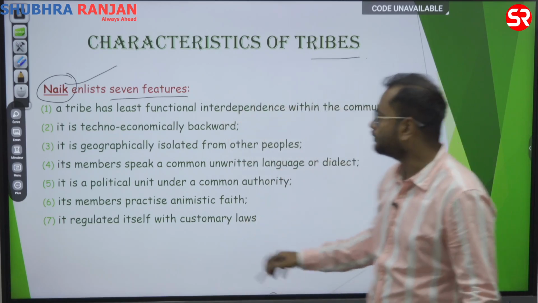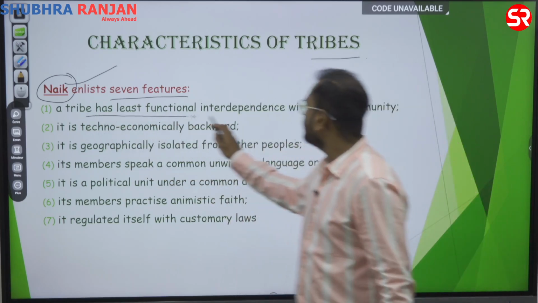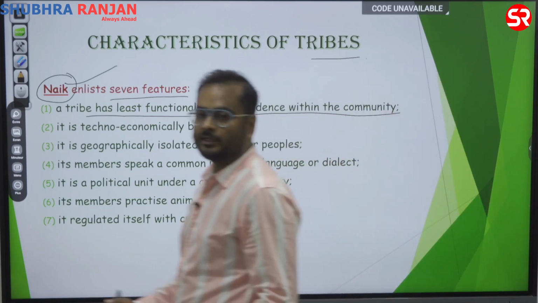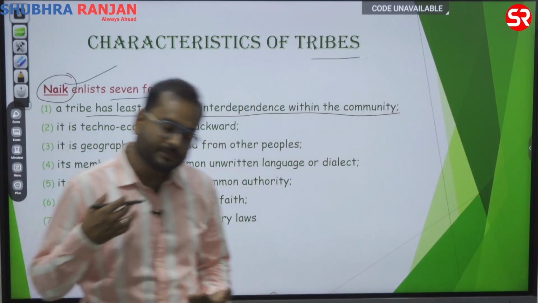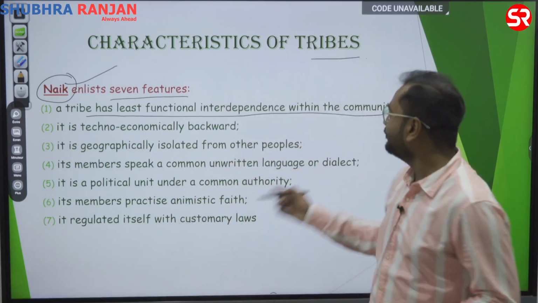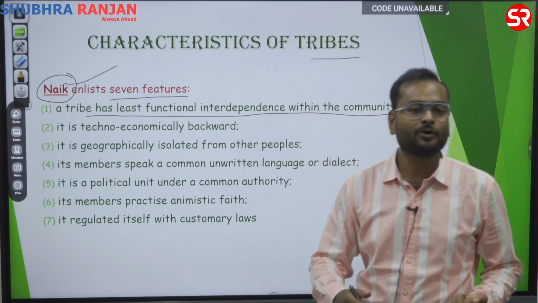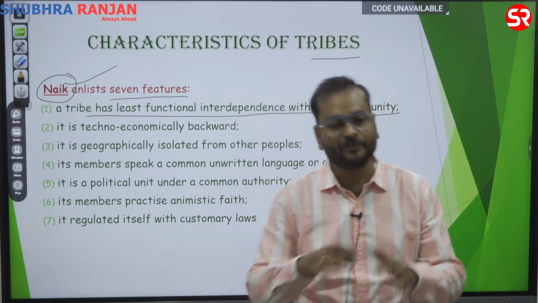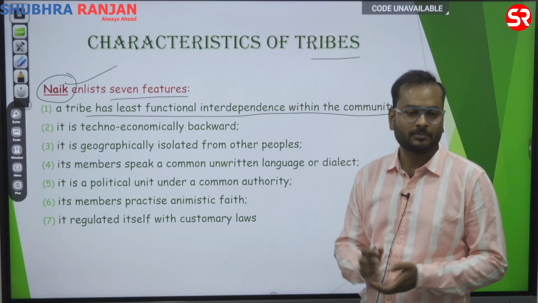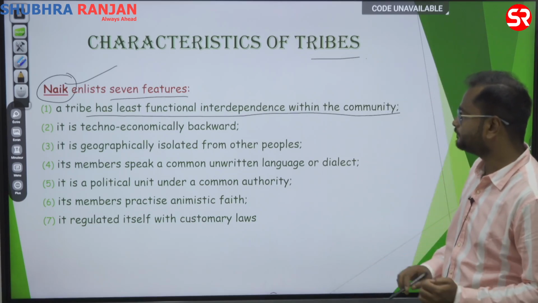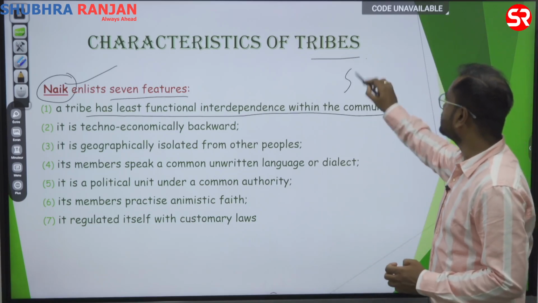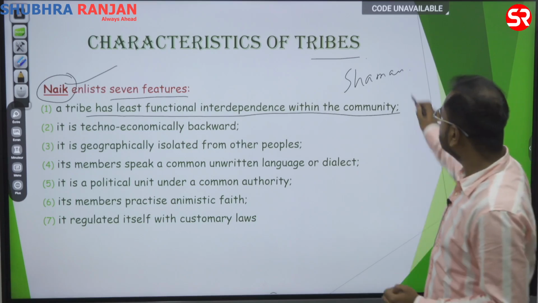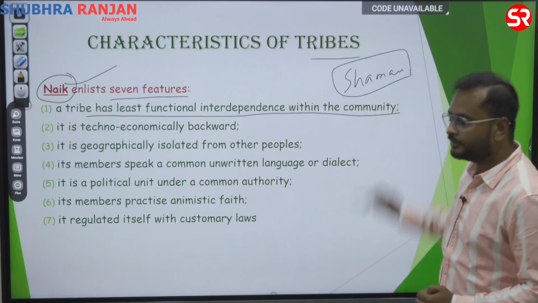Okay, see how a tribe has at least functional interdependence within the community. That means a tribe can be said to be a tribe actually when it has to depend upon the other people of the community for all the different functionaries of the society. For example, see, have you heard of this term shaman? Shaman is a tribal religious intermediary.